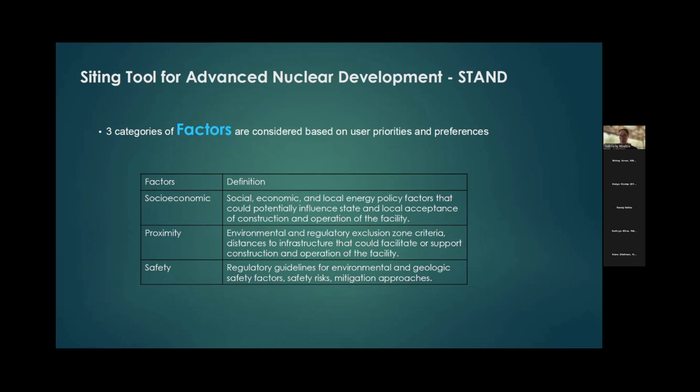Proximity could include distance to exclusionary zone criteria or other infrastructure that you may want to access, roads, waterways, rail lines, transmission. And then safety includes the environmental and geological safety factors, safety risk and mitigation approaches. So here you have things such as fire risk and slope and floodplain. Go ahead and next slide.